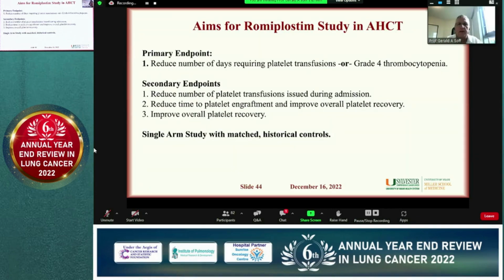So the study, I'll show you some of the results in a second, but the primary endpoint was to reduce the number of days requiring platelet transfusions or grade 4 thrombocytopenia compared to historical controls. And the secondary endpoint was to reduce the number of platelet transfusions alone, reduce the time to platelet engraftment, and improve overall platelet recovery.